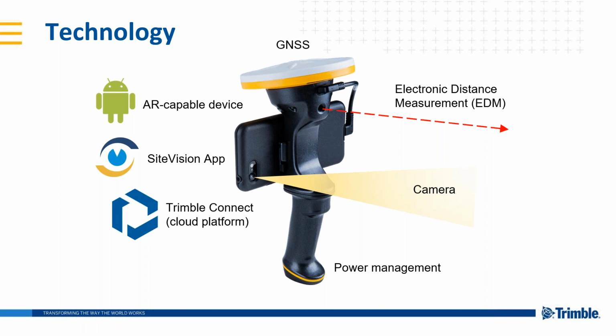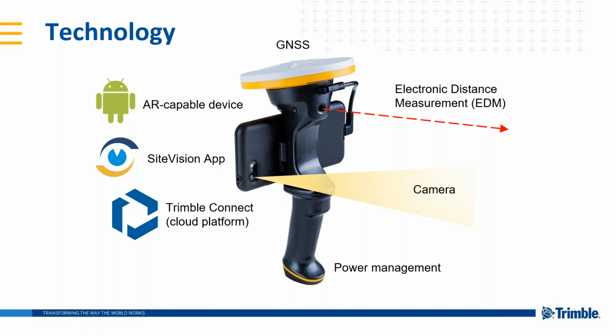So it's the combination of the high accuracy GNSS, so having a centimeter level accurate position in your hand, and then combining that with the AR capabilities of the device and the ability to measure to different objects in your surroundings as well, which is one of the ways that you can interact with the model that I'll get to in a second.